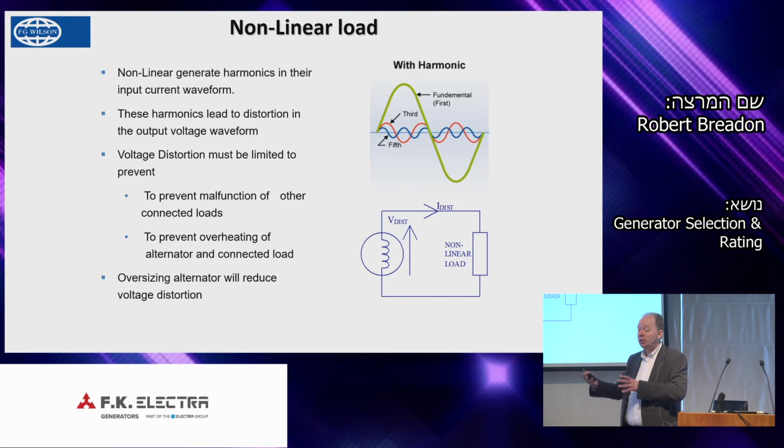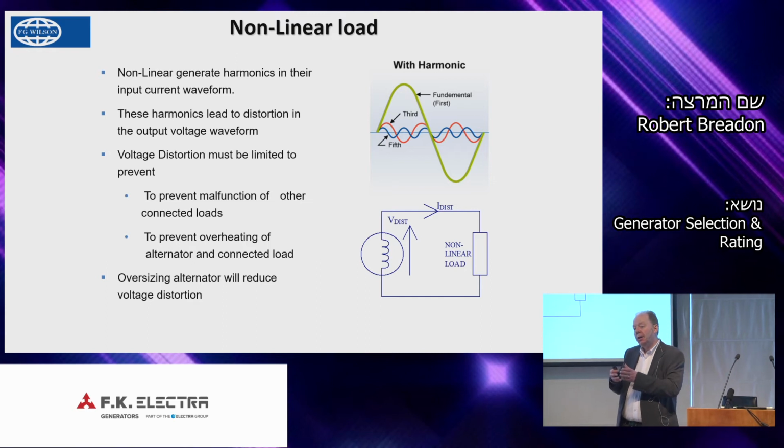So when you oversize, they do smooth out the waveform to some degree. But if you don't have enough copper in there, and I'm talking very simply, it's a lot more complex than this, they will overheat. All the levels of harmonics will eventually cause an overheating situation to occur.